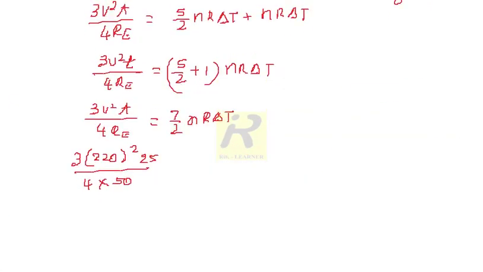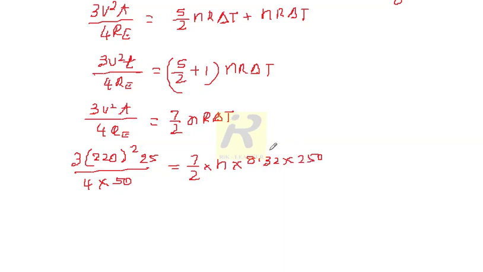So all things I substituted here, which equals 7 by 2 into, let me keep n as it is, into 8.32, right, into delta T, which is the change in temperature. It is said 250 degree is the change in temperature.